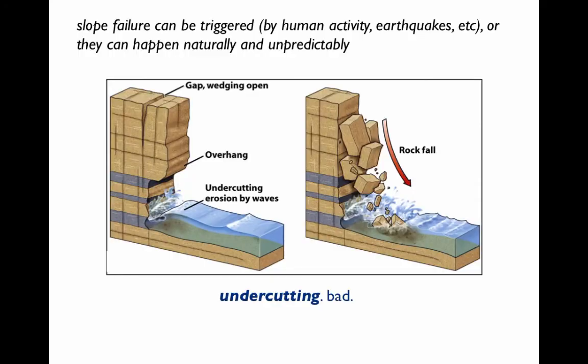One way is by undercutting, or taking out the base of a slope. For example, here you've got a cliff face that used to be vertical. When this water eroded the base of the cliff, obviously there's nothing holding up this upper block, and so you cause a rock fall in that manner. So undercutting is one way.